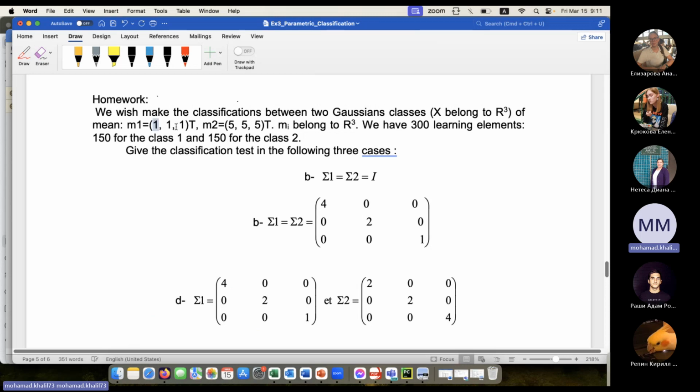Imagine that it is around 0, 0, 0 and 4, 4, 4, in R3. I have 1000 points: 400 in class 1 and 600 in class 2.